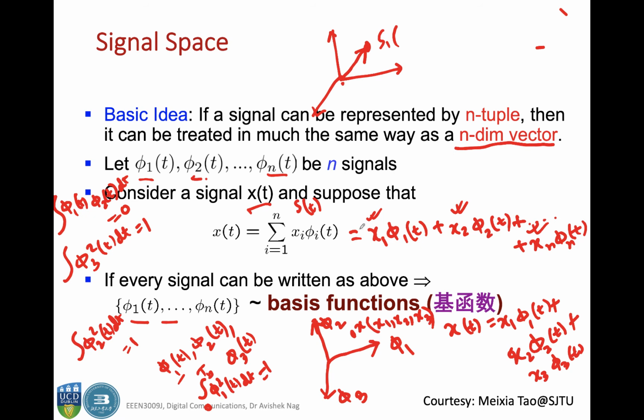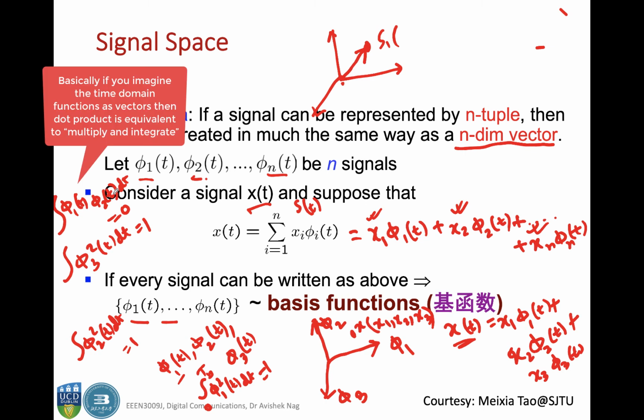So you can transform this time domain signal x(t) into a vector x with components x1, x2, x3 if you can represent x(t) as x1 times phi1(t) plus x2 times phi2(t) plus x3 times phi3(t). And these functions phi1, phi2, phi3 follow these rules that their norm or their energy is equal to 1, and if we take the dot product of phi1, phi2 or phi2, phi3 or phi3, phi1, they are all 0.